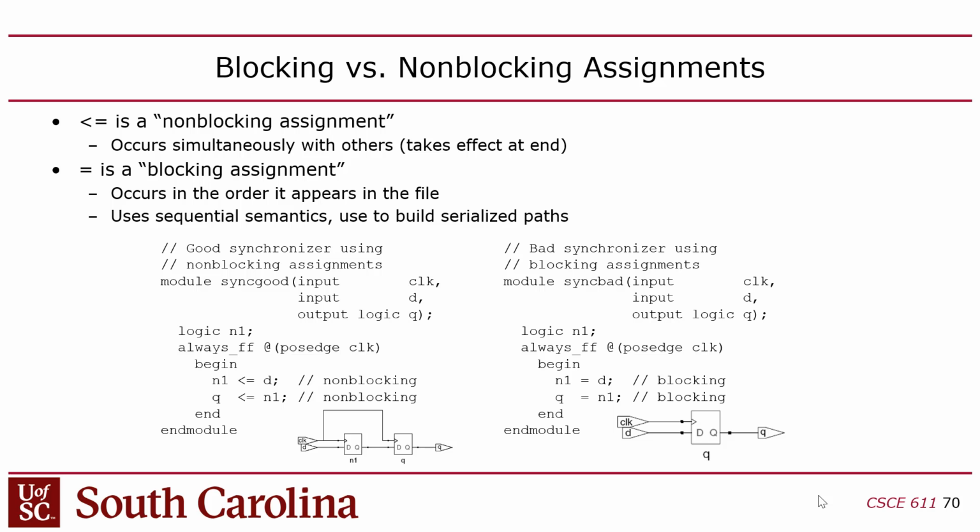The equal sign is called a blocking assignment, and a less than equal sign is called a non-blocking assignment. The difference is that Verilog has concurrent semantics, meaning that the order of the lines of code doesn't matter. You can take all the lines of code and scramble them.